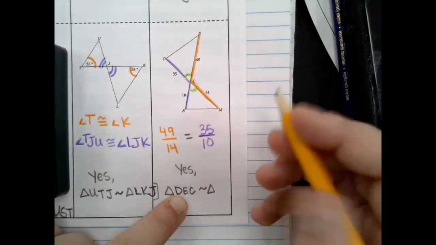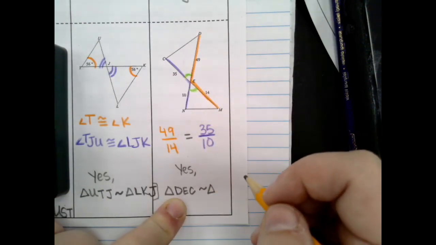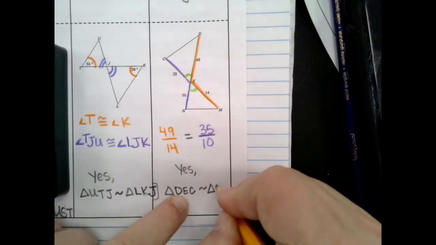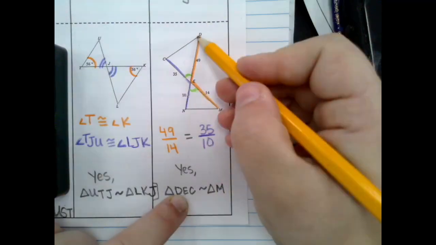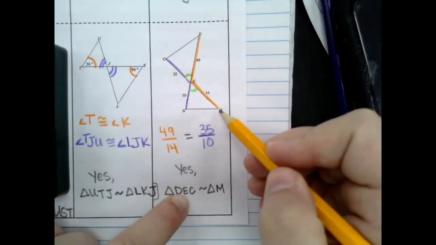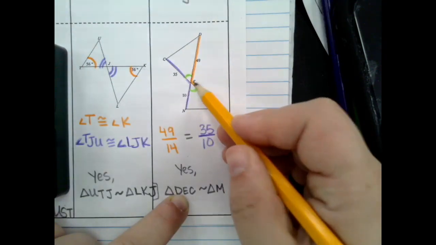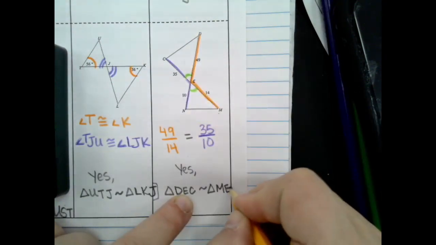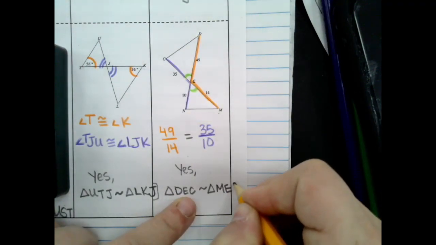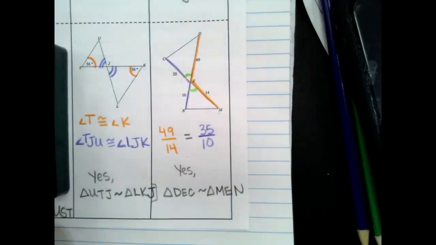N, M, or E? M, yeah, M. So then went D to E, so we want to go M to E, and then end up at N. Triangle men.